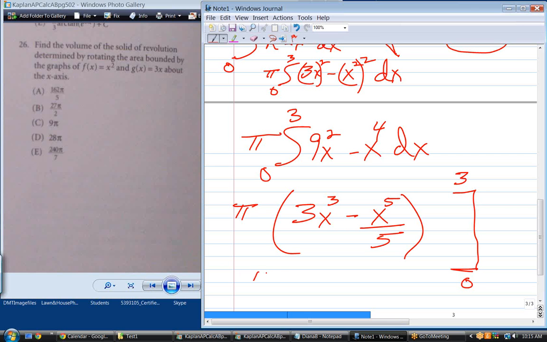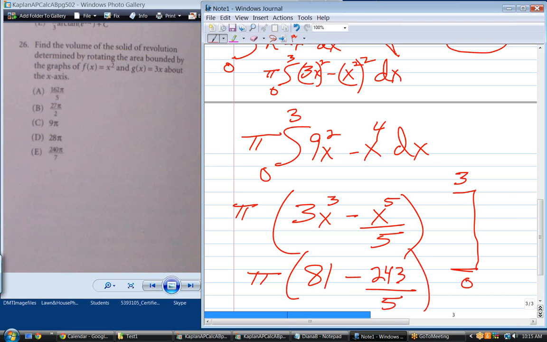So that's going to be pi times 3 times 27, which is 81. What's 3 to the 5th? 3 times 81, 243 over 5.